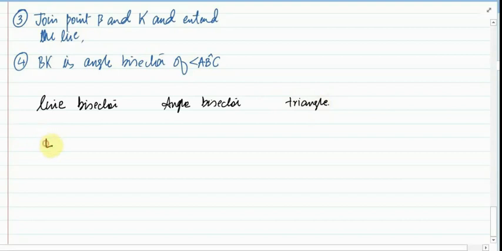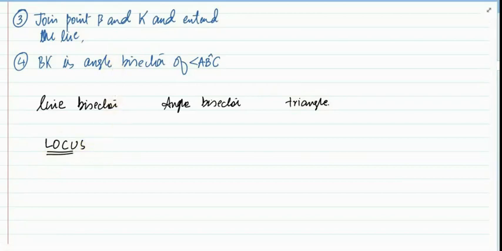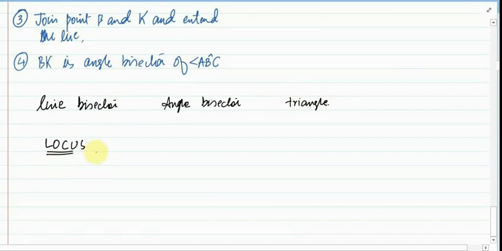Now in Locus, there are four important conditions that you need to remember. First thing, you know what is locus? Locus is a path that follows certain conditions and we call it a locus.